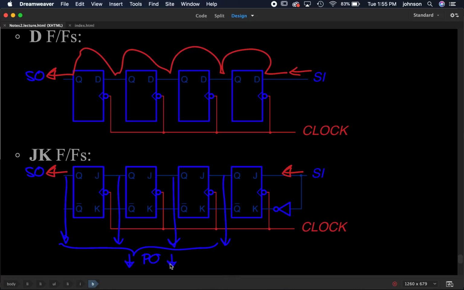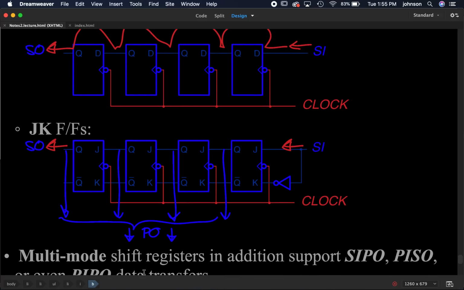You connect wirelessly to your internet, it brings in data and serially fills up a 32-bit or 64-bit register, and then it collects it all at once as parallel out, and that is then consumed by your computer. So this is a very common operation done all the time.